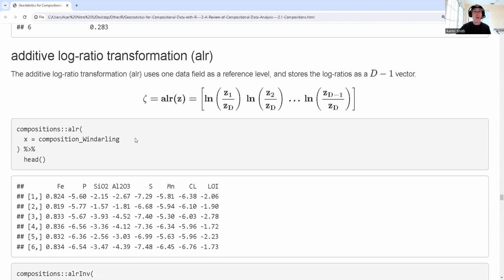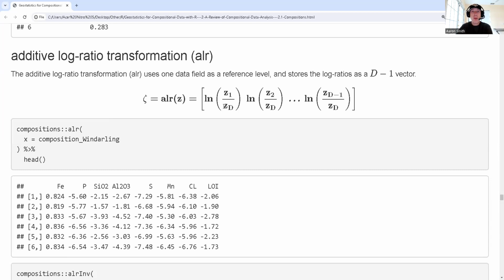Now, the next one to talk about is the additive log ratio transformation. Previously in pairwise, we took every possible combination. Here, we're going to choose one of the fields in our composition to be our baseline reference level. For all the other ones, we take the log ratio, but we limit it to the log ratio where the baseline level is in the denominator. If I have D levels, I have D minus 1 entries in this vector.